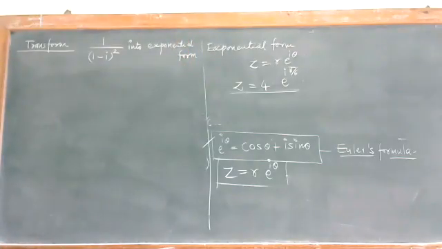Transform 1 upon 1 minus i bracket square into exponential form.